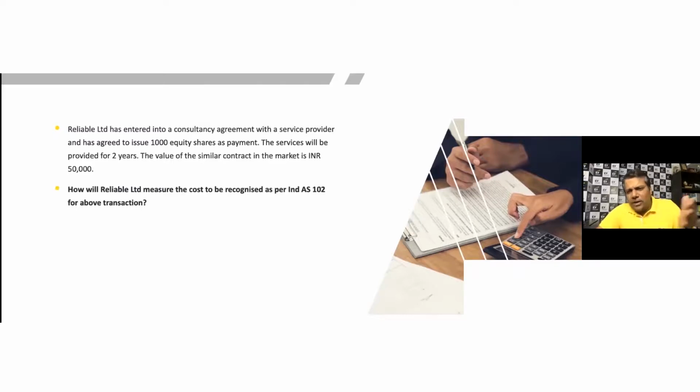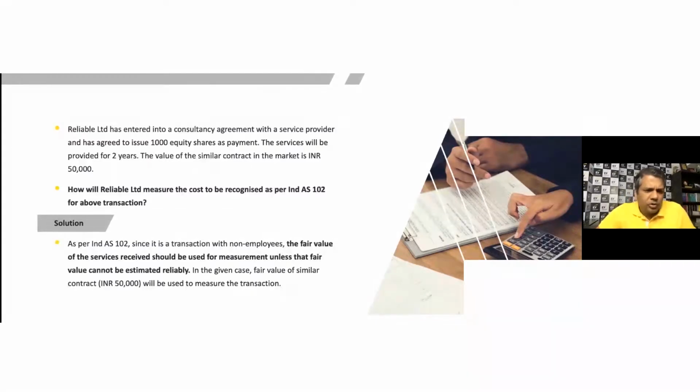So 50,000. So I'm going to debit expense and credit equity capital by what amount? 50,000, to be recorded over a 2-year period when services are obtained. And assuming the services are obtained throughout the year, then you will record this over a 2-year period. Fair value of the services received should be used for measurement unless the fair value cannot be estimated reliably. In the given case, the fair value of the similar contract will be used to measure the transaction.